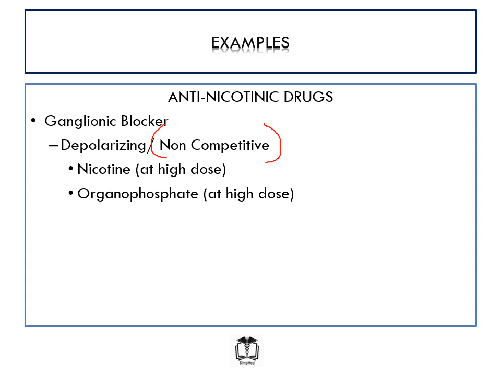Examples under this are drugs that we are very familiar with under the cholinergic agonist list. The two drugs that are classified as ganglionic depolarizing or non-competitive blockers are nicotine and organophosphate. But you should know that these drugs are only classified as ganglionic blockers at high dose. So at typical normal dose of nicotine or organophosphates, they would be classified under the group of cholinergic agonists and not antagonists.